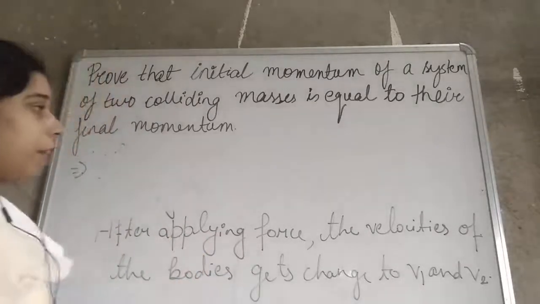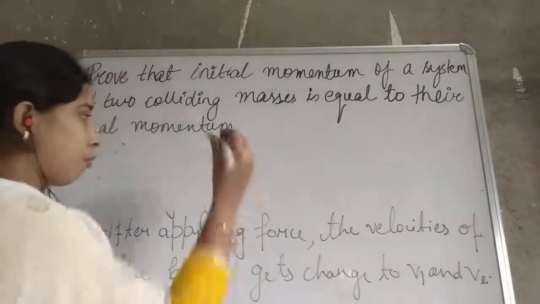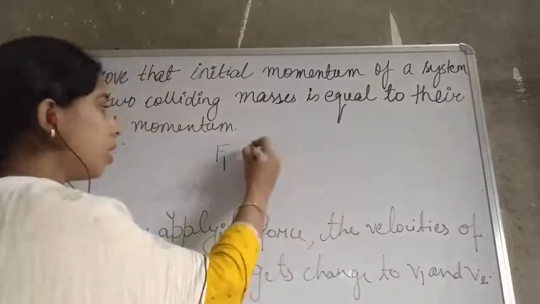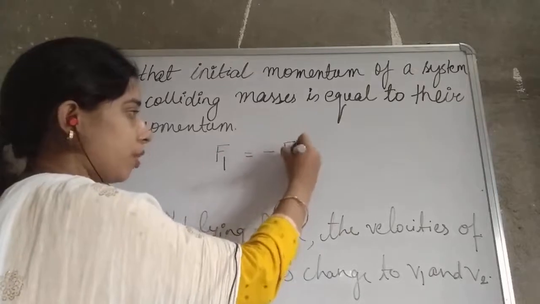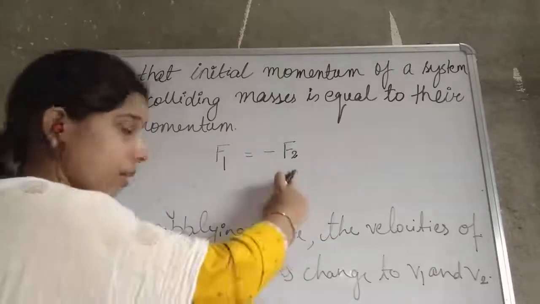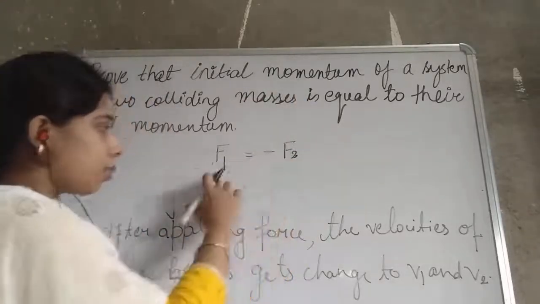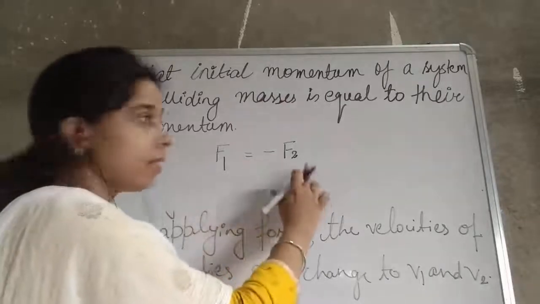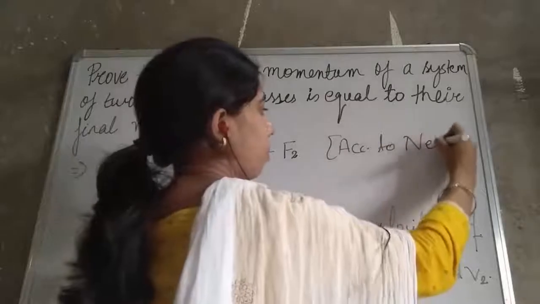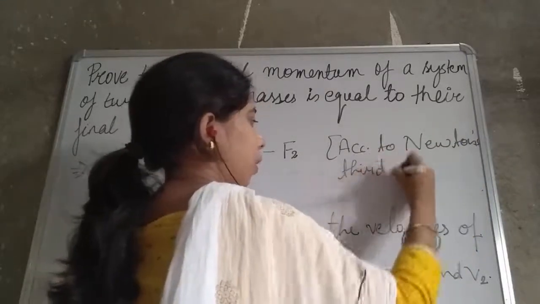So F1 is the force applied by the first object, and F2 is the force applied by the second object to the first one, equal but in the opposite direction. So if it is F1, here it will be minus F2. This is Newton's third law.